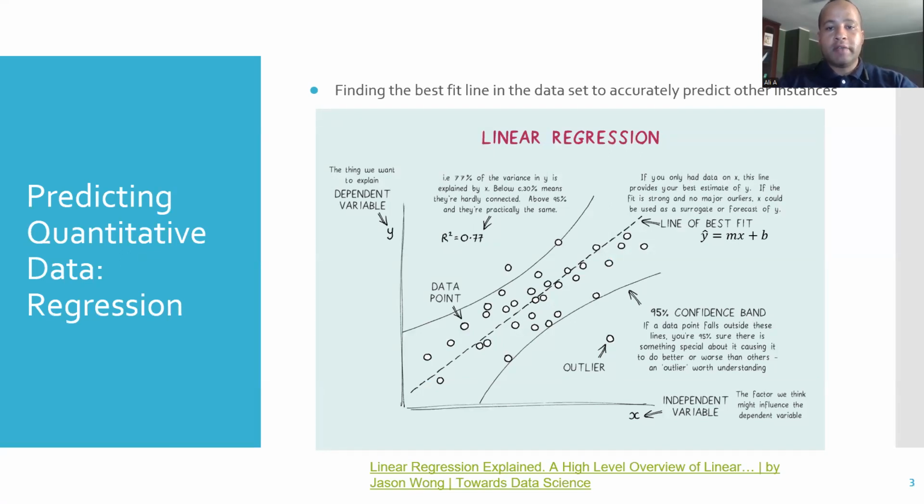Predicting quantitative data happens when we map a line that best fits the data to predict future instances of the given dataset. This line is called the regression line and has the regular line formula y equals mx plus b, where y is the dependent variable and x is the independent variable. Y depends on x.